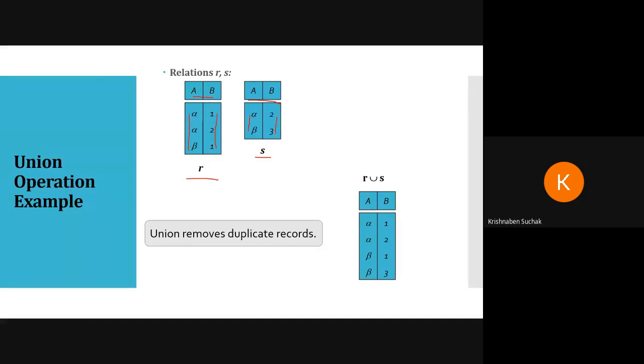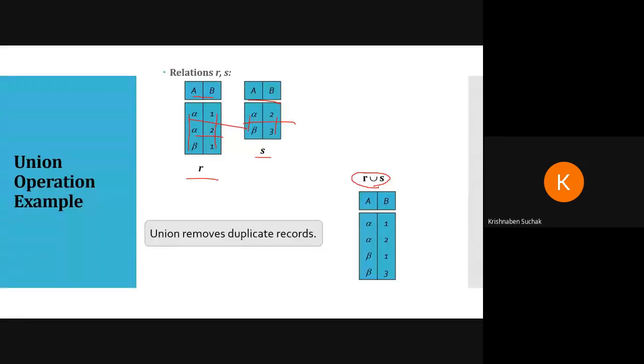Now let us do the union operation of R and S. What will be the result? It will give us alpha 1 because it is in R, alpha 2 because it is in R as well as in S. But it will not give us two values, only one value, even though it is the same.